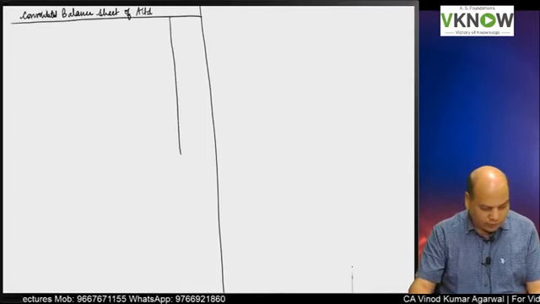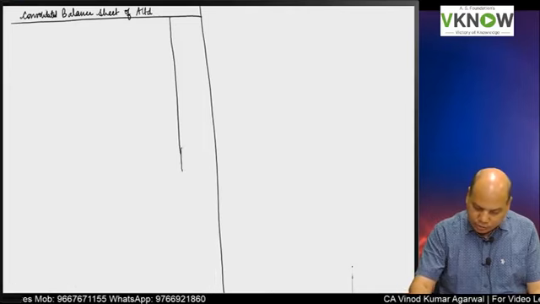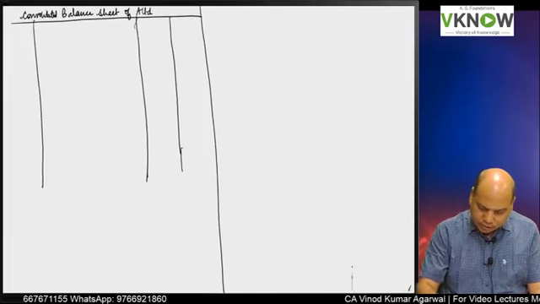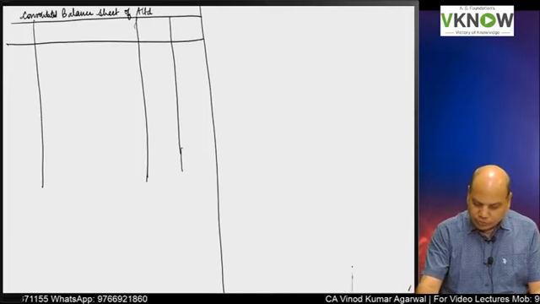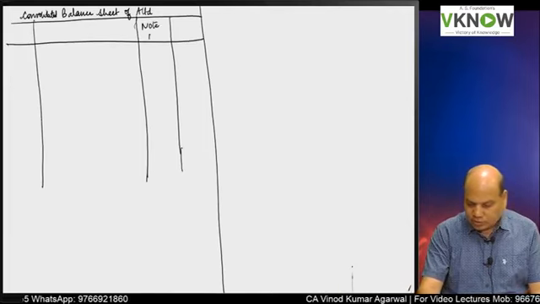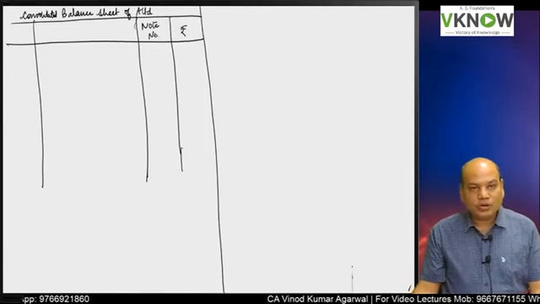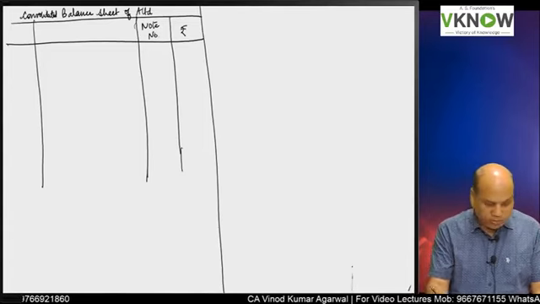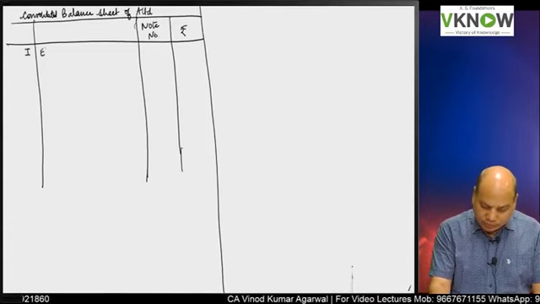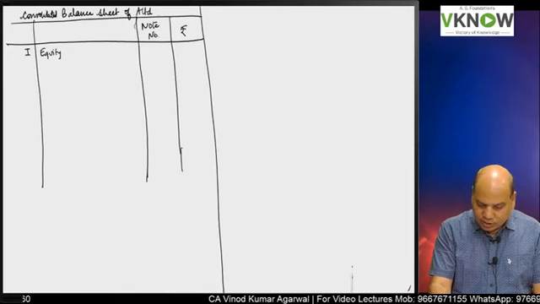First we'll draw the main format followed by notes to account. In the exam also you will do the same thing. Write down, please. Write down in your notebook so that you will learn more. First draw the blank format. Equity and liabilities.